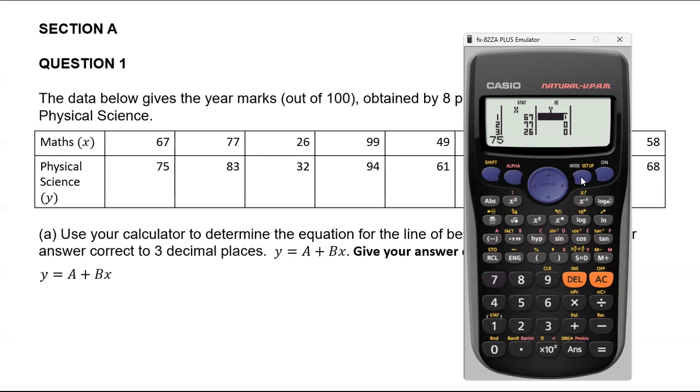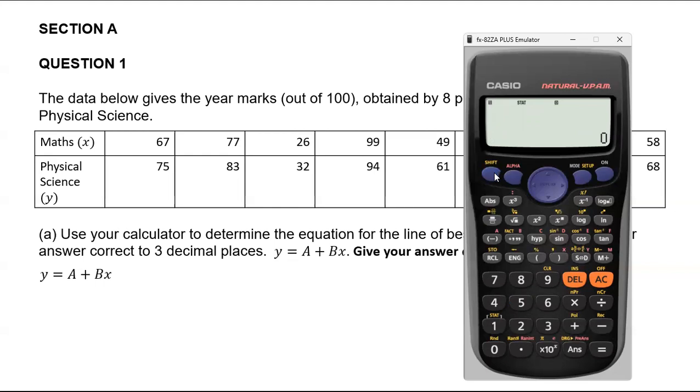So we're going to have 75 equal, 83 equal, 32 equal, 94 equal, and then 94 equal, 61 equal. I'm just confirming that they correspond. So 49 goes with 61. The next one will be 44 equal, 65 equal, 68 equal. Perfect. Then you just press the AC button.